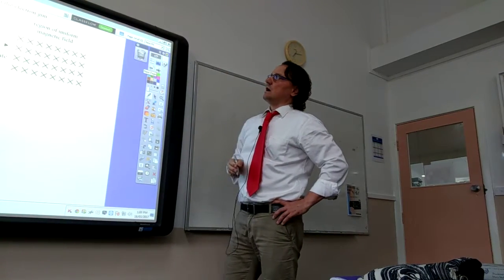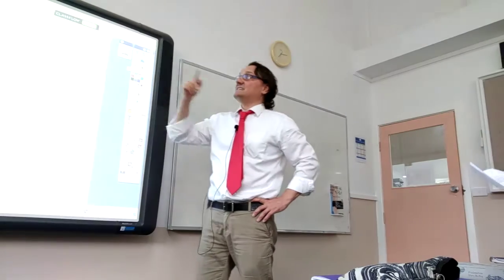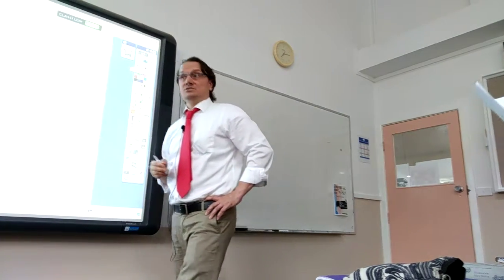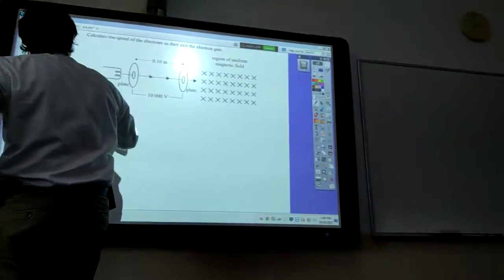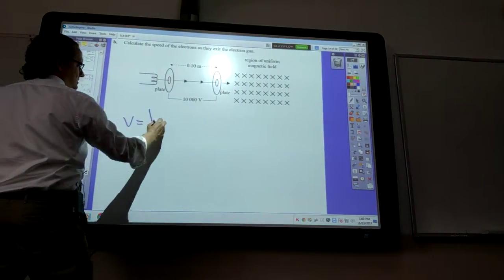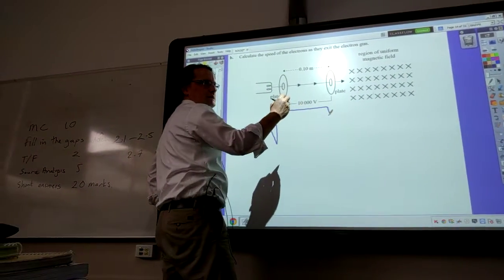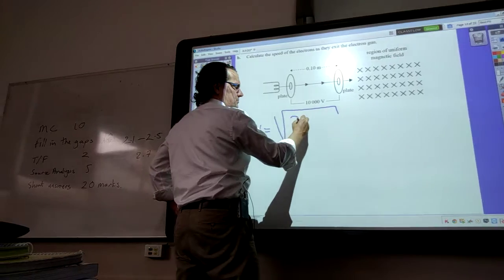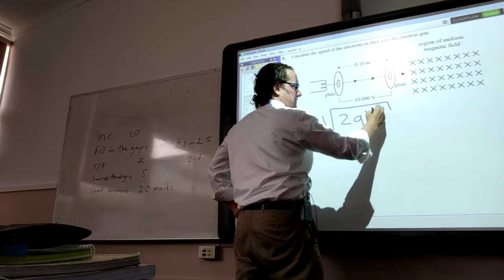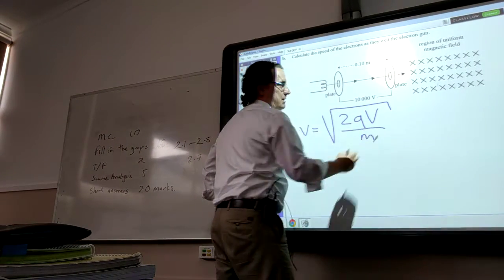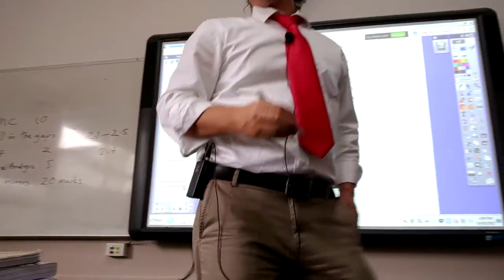Moving on. Calculate the speed of the electrons as they exit the electron gun. This is the time that we are going to use our V equals the square root of 2QV over M formula.